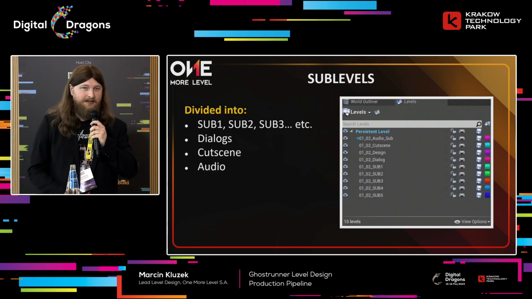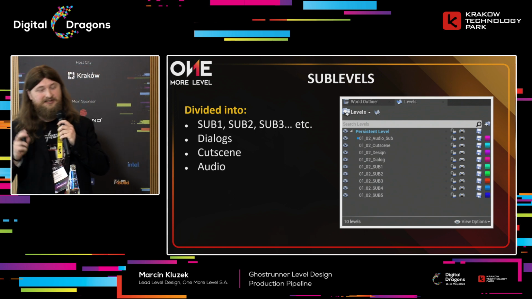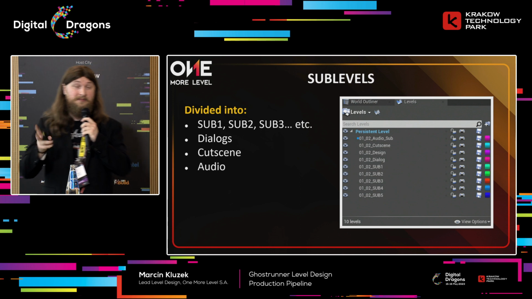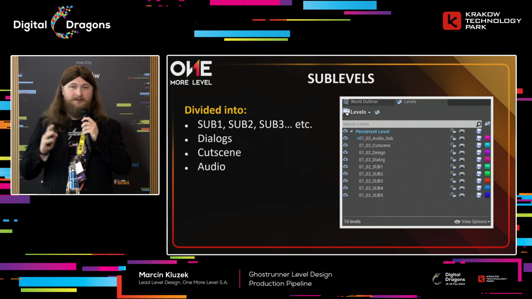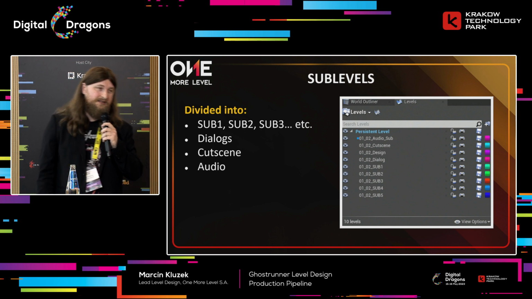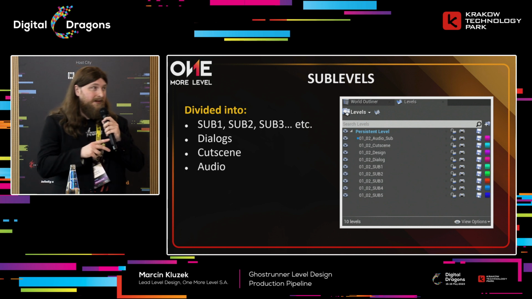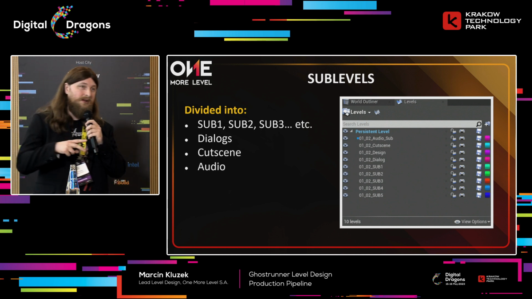and now we cut it into sub-levels. So what are sub-levels, you might ask? Sub-levels are maybe more obvious to some people, but not to all. Sub-levels are a way for our people in the company to work on the level simultaneously. So you cut your level into sub-levels, and one sub-level may be like 3 segments, so 2 parkour sections and 1 combat section, right?